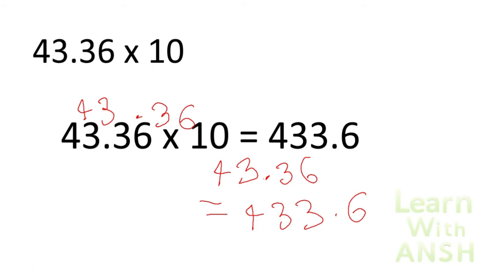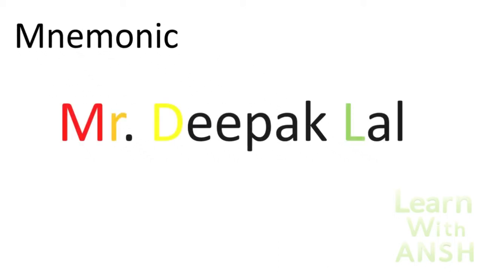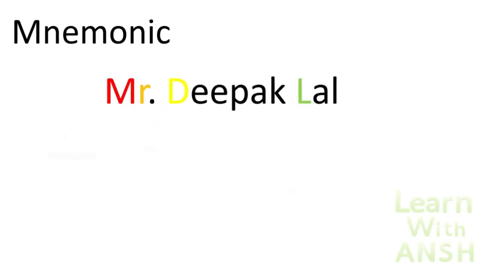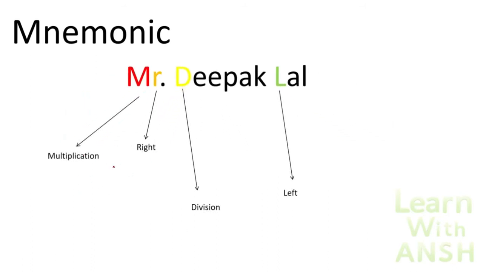And our answer is right. It's 433.6. Now I know it is a little tough to remember that we have to shift the decimal point to the right when we are doing multiplication, so I have a mnemonic for you. For multiplication we shift the decimal point to the right because our mnemonic is Mr. Deepak Lal, and the Mr. says multiplication right.